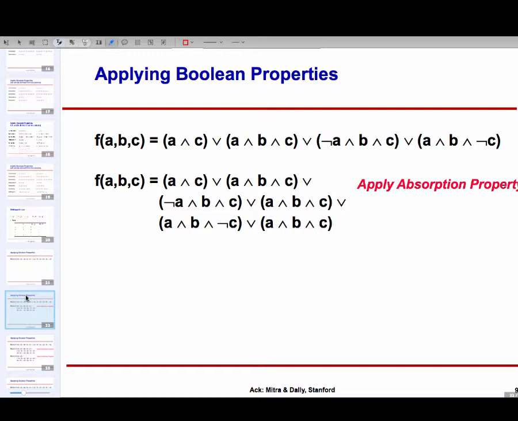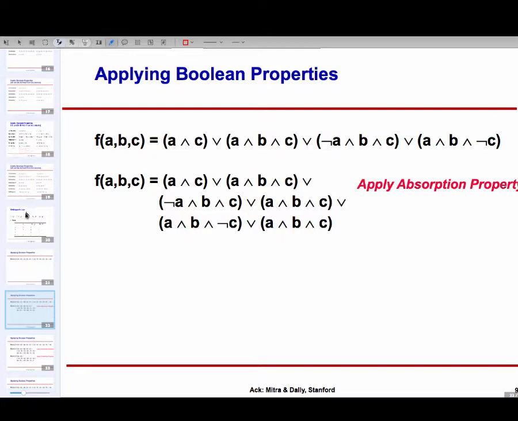And then I have this term which is not A and B and C. And what we can see is that that is the same as not A and B and C, or A and B and C. And likewise, the next term, A and B and not C, I can OR it with A and B and C without affecting anything. So this is coming directly from absorption.